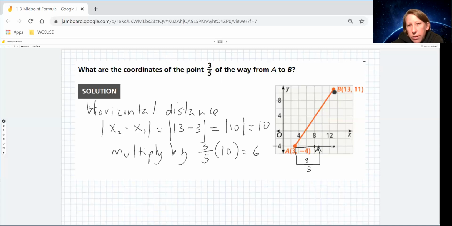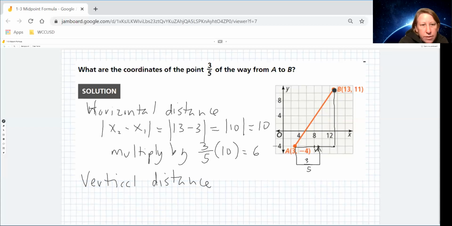Well, we're going to do the same thing with the vertical distance, and I'm going to count and see how far it is up and down. Now we do the vertical distance. I don't want halfway this time, I want 3/5 of the way. So for the vertical distance, we take the change in the y's.